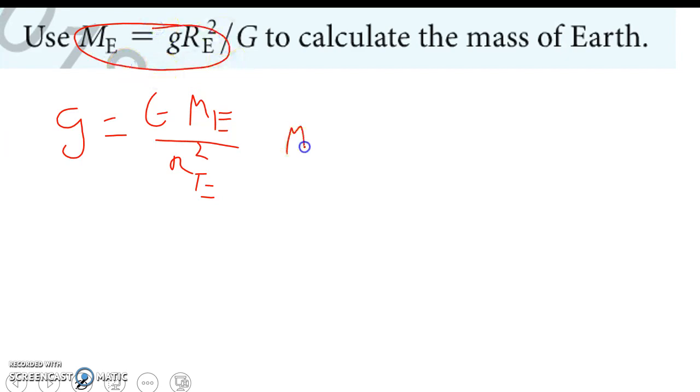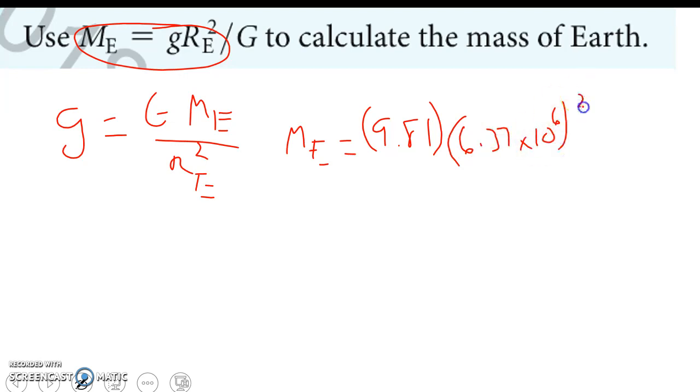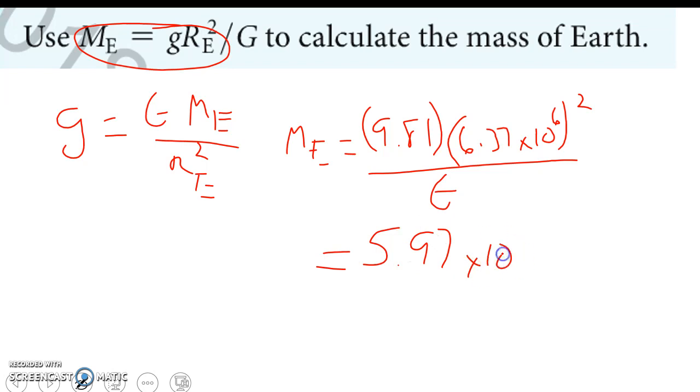Okay, so mass of the Earth is equal to, again, I'm going to go 9.81, 9.8, probably give you the same answer. The radius of the Earth, we've already established, is 6.37 times 10 to the 6th. That's going to be squared. That's in meters. And then we're going to divide that by our constant G, 6.67 times 10 to the negative 11. And when we do all of this, it's just the opposite.